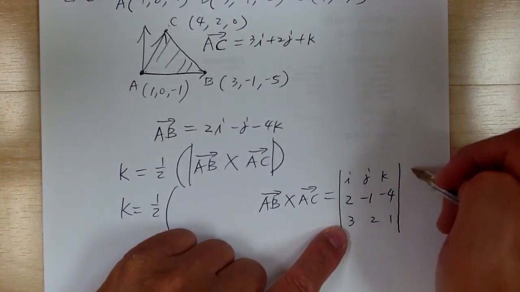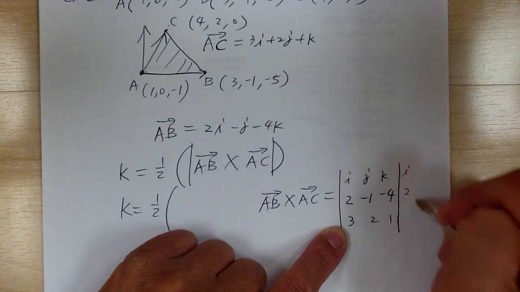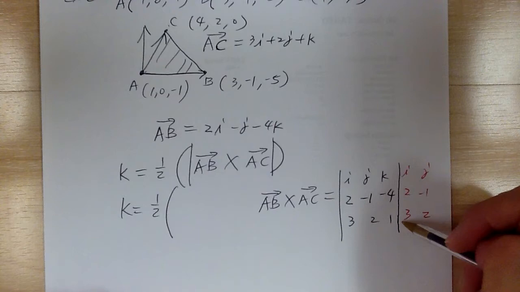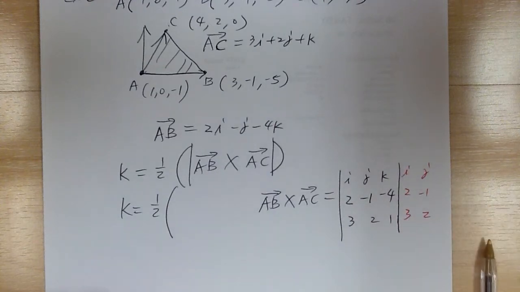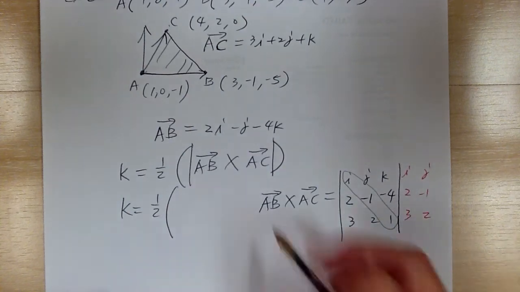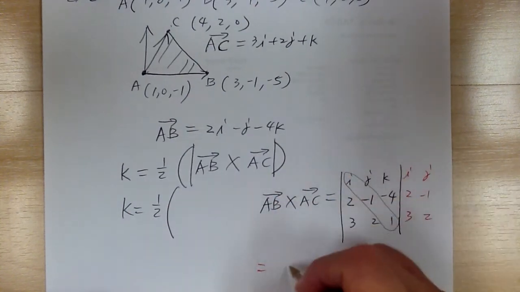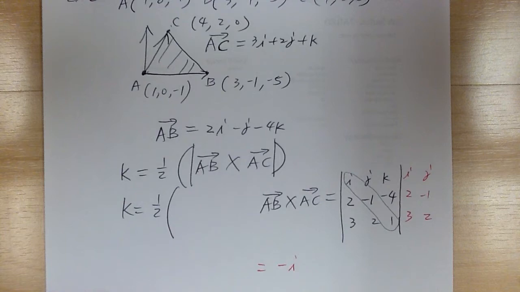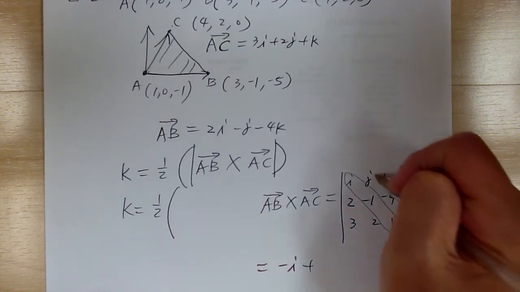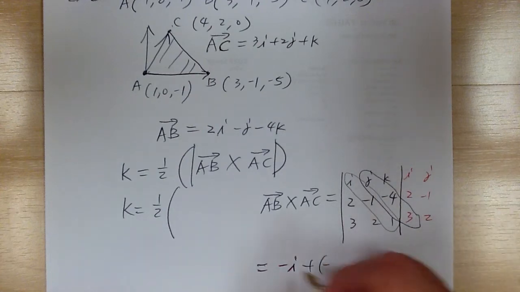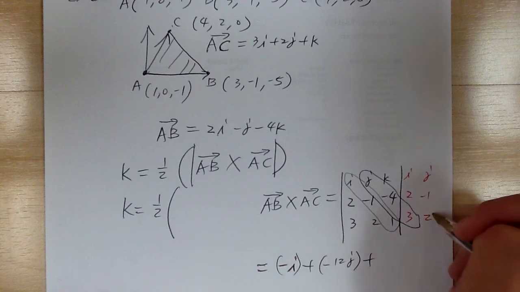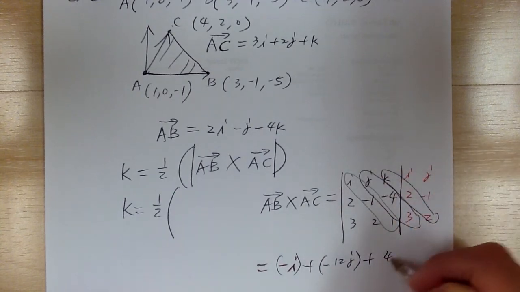This is how you do the matrix. You copy the next two columns, so you got i, 2, and 3, j, -1 and 2. Okay, and you have to do the diagonals. So when you go in this way, you add. So this is going to equal -i plus -12j plus 4k.